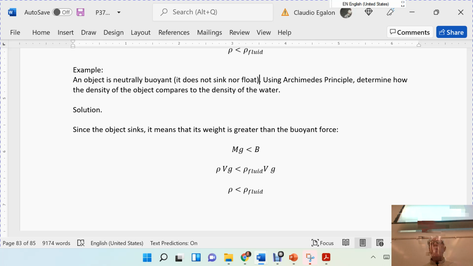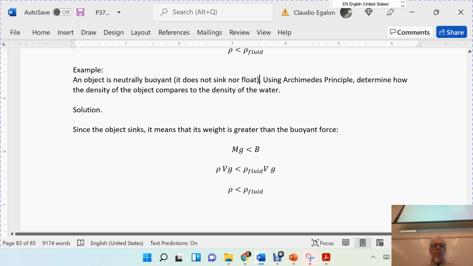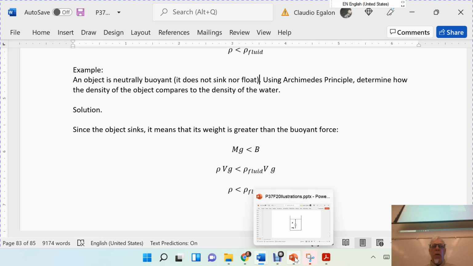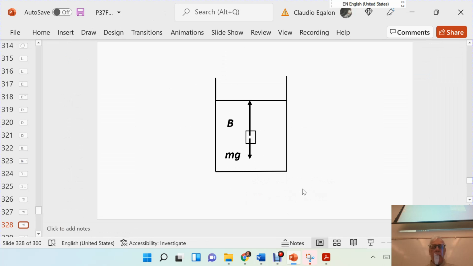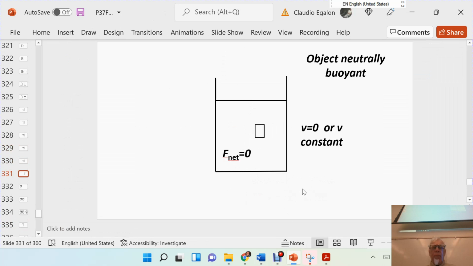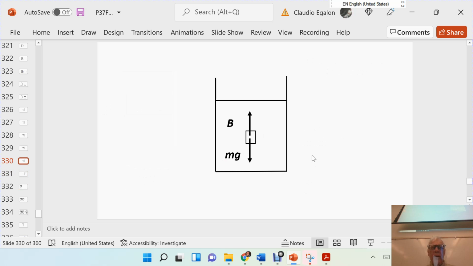Fishes are very good at doing that. Using Archimedes' principle, determine how the density of the object compares to the density of the water. Yeah, net force is equal to 0. If the net force is equal to 0, it means that the buoyant force is equal to mg, right? So that's how you illustrate that.